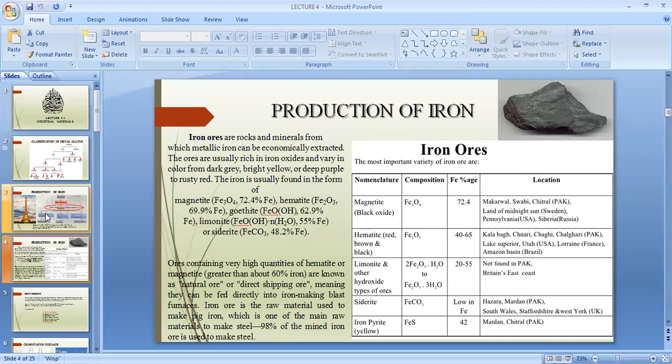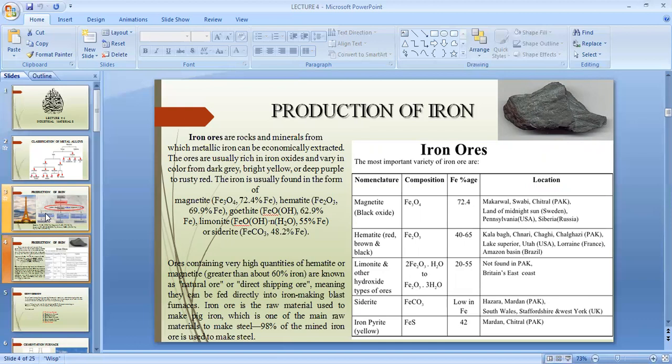Iron ores are the rocks and minerals from which metallic iron can be extracted. The ores are usually rich in iron oxides and vary in color from dark gray, bright yellow, or deep purple to rusty red.